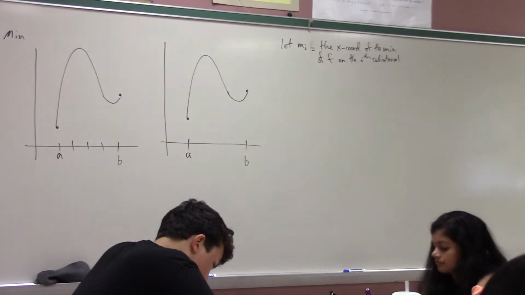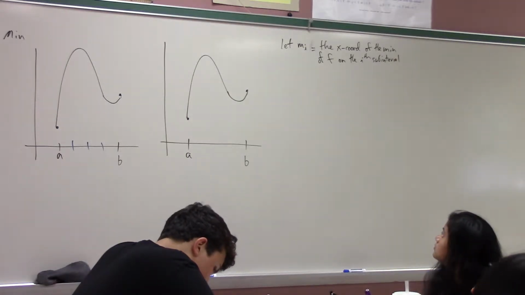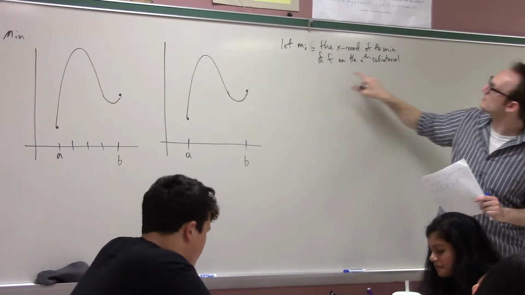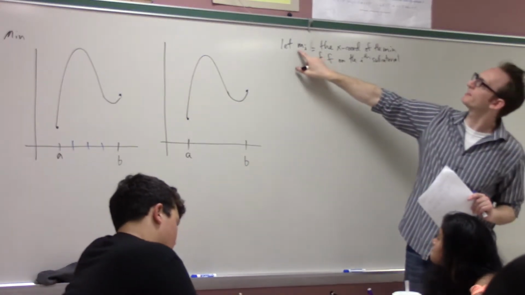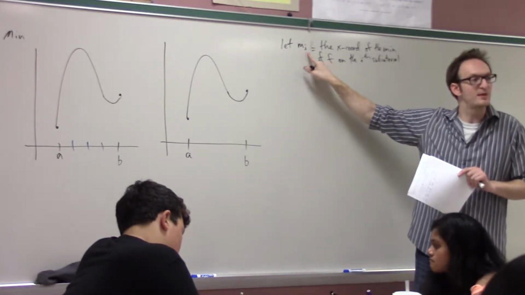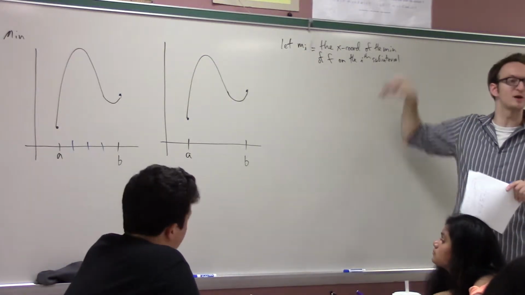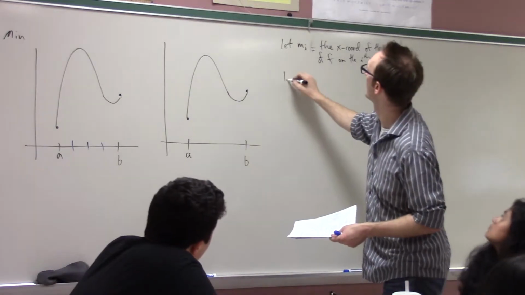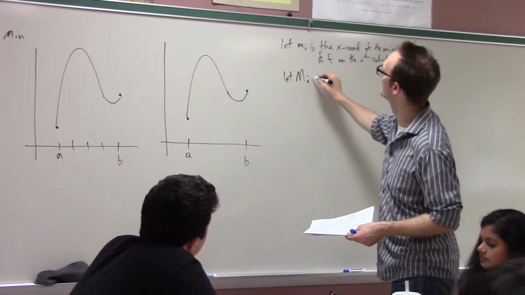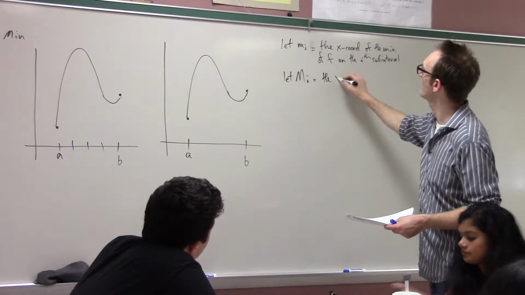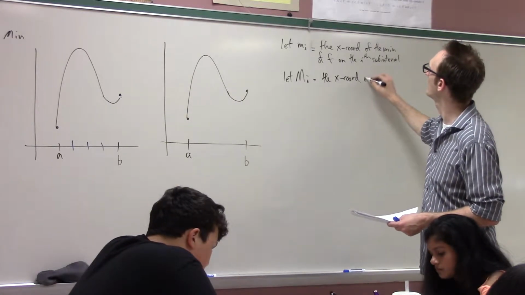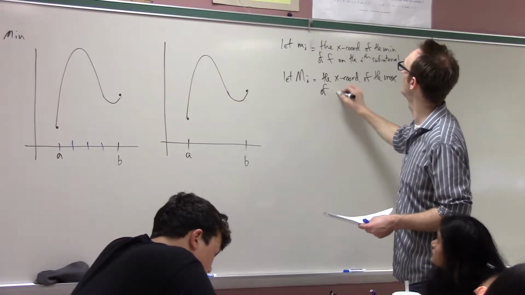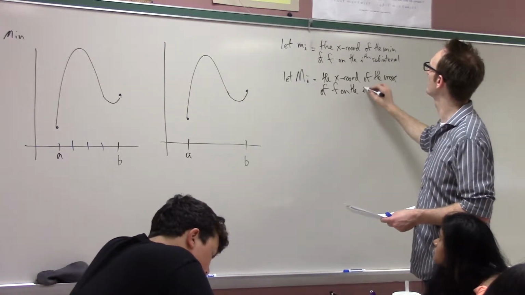In other words, for each subinterval, let little m sub i be the x coordinate of the place where the function is smallest. Is everyone with me? Okay. And let big M sub i be the x coordinate of the maximum of f on the ith subinterval.